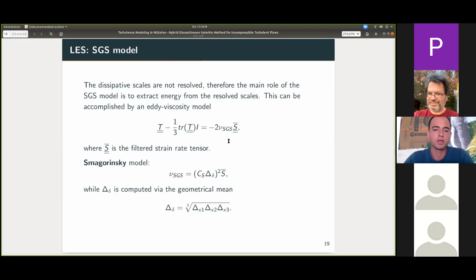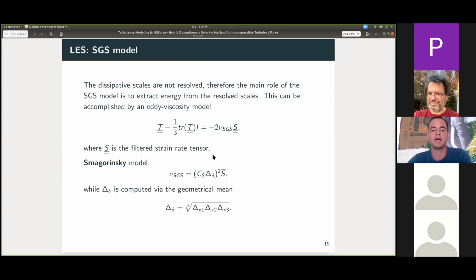This can also be accomplished by the eddy viscosity model, where we have more or less the same equation as for RANS. So we have a proportionality to a subgrid scale viscosity as well as to this filtered strain rate tensor. But the big difference to RANS is that we have a way smaller range of scales which has to be modeled.